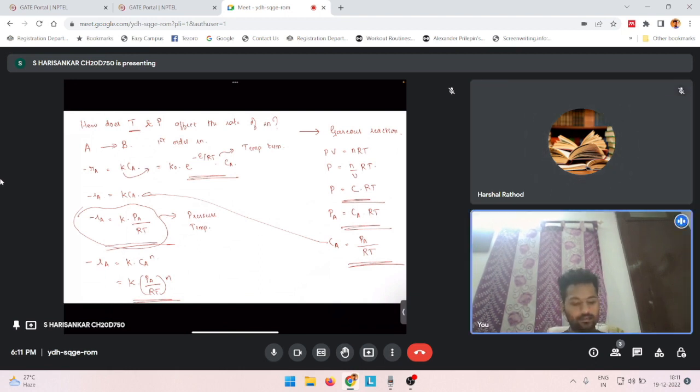So if you have a reaction like this, say minus rA is equal to k CA into CB, you can also write, we'll take the general case, CA raised to n, CB raised to m. Let's say this is some pth order reaction. Whatever the order is, whatever n, m it is, we can write this as k into PA by RT, the whole raised to n, and CB you write as PB by RT, the whole raised to m.